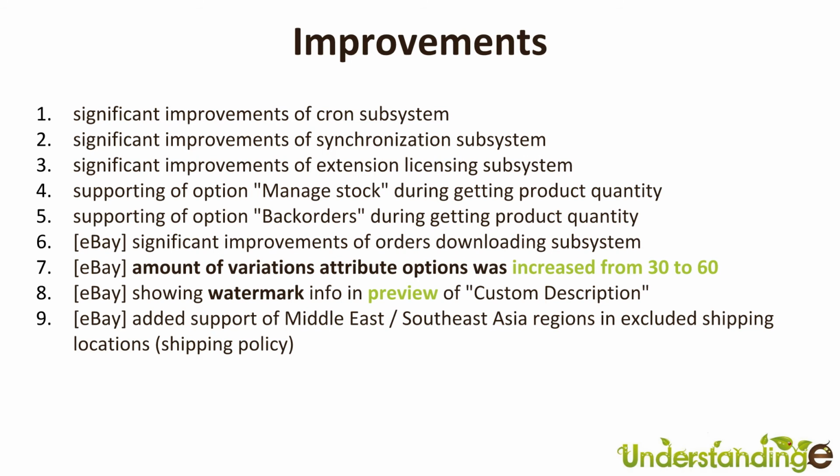They've marked it as significant improvements of the order downloading subsystem. I actually thought it was pretty fast, so if they made it faster, happy days. Oh, a big one, I know, for Ben, who I don't think is with us today. Ben, the number of variation options has now been increased from 30 to 60, so you can get double the amount of variations within either variation or multi-variation listings.